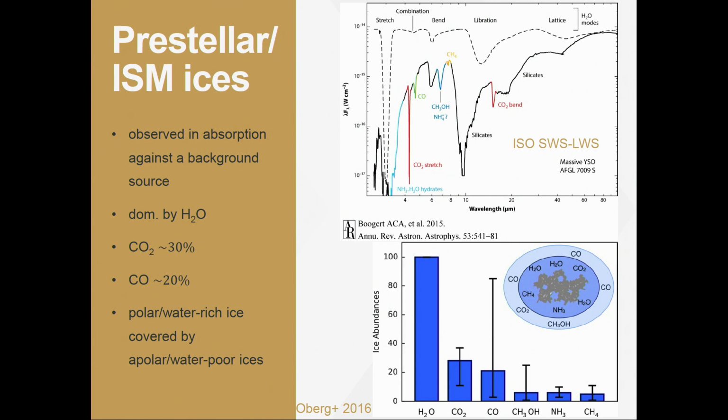If you look at the statistics towards low-mass protostars, what we find is that your dominant ice is water, then 30% is CO2, 20% is CO. The way that we get these statistics is by looking at these ices in absorption against a background source. It's essentially the only way you can probe what is hidden in these icy mantles. So these would be the infrared absorption observations.